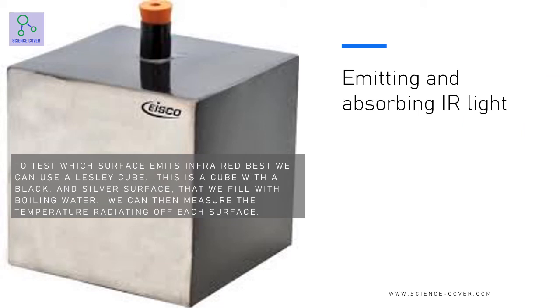To test which surface emits infrared best, we can use a Leslie cube. This is a cube with a black and silver surface that we fill with boiling water. We can then measure the temperature of radiation coming off each surface.